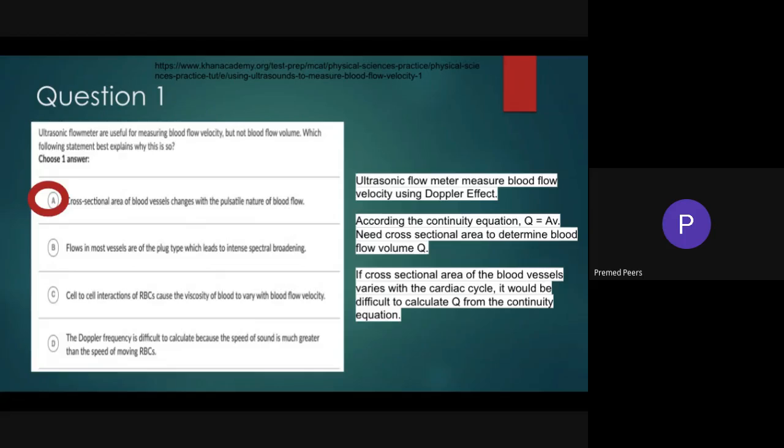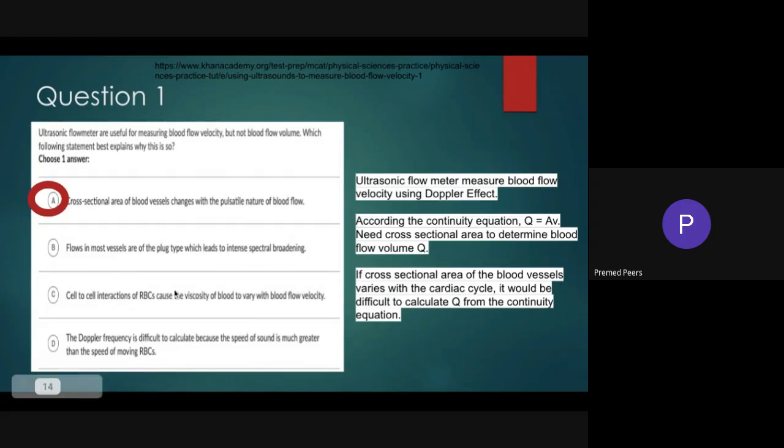So we found a link using an equation that we should know, and then the rest of the options, B, C, and D, have nothing to do with linking blood flow velocity to blood flow volume. So B is not indicated. Even so, spectral broadening does not link velocity to volume.